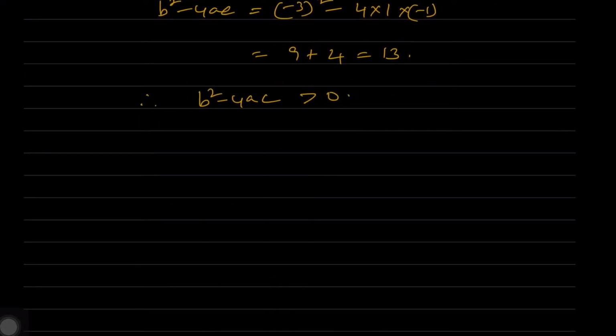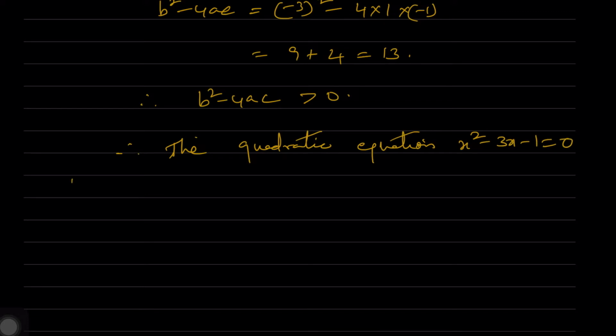So this equation has distinct roots. Therefore the quadratic equation x square minus 3x minus 1 is equal to 0 has distinct roots, that is alpha and beta.